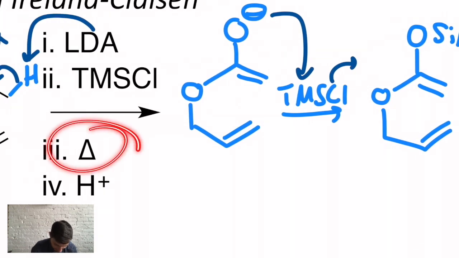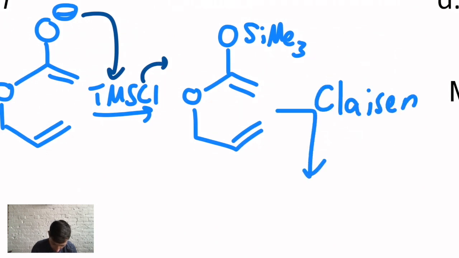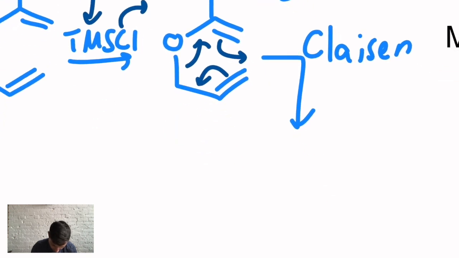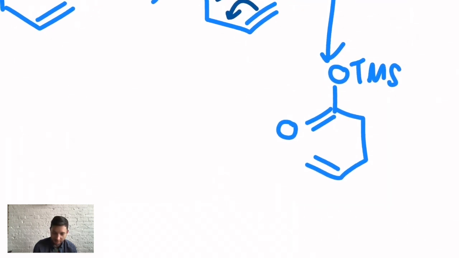After that, then step 3, the heat, that's to actually do the Claisen rearrangement. So there's my 6-membered chain right there. I'll just draw the curved arrows. 1, 2, 3 curved arrows. There's my new carbonyl. And then I get what looks like the makings of a carboxylic acid derivative, and indeed that's exactly what it is. You'll hydrolyze this.